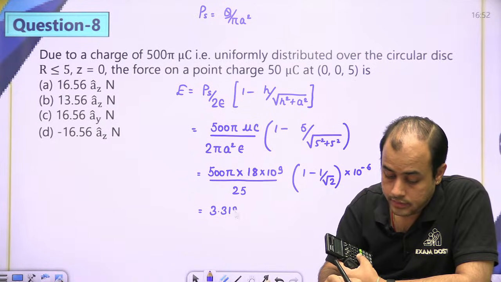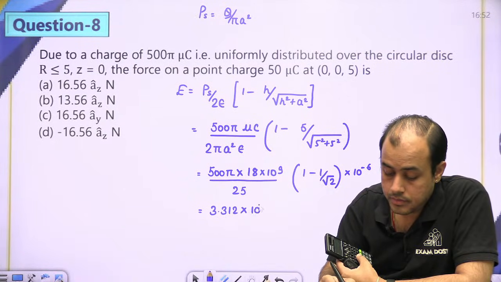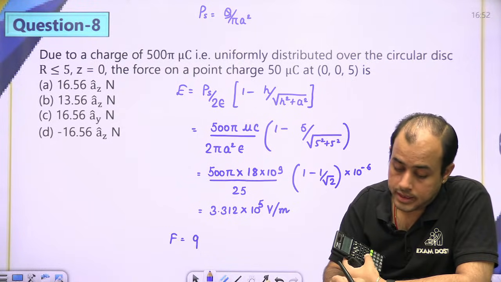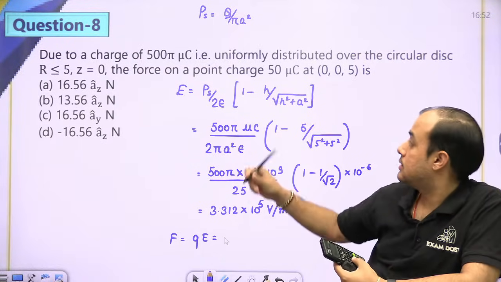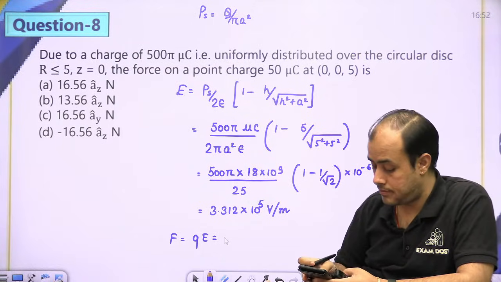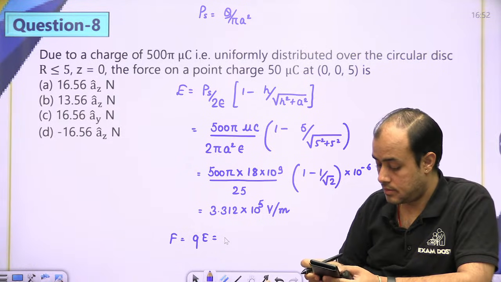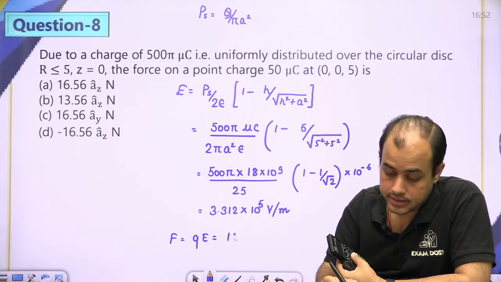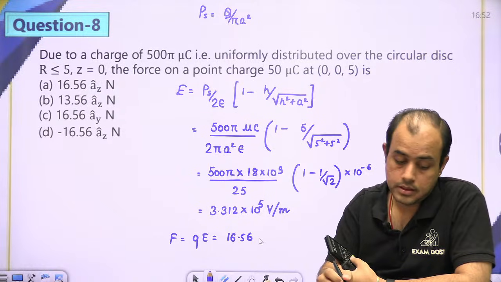The field is 0.312. Now force is equal to charge into electric field. Charge is 50 microcoulomb. 16.56. Okay.